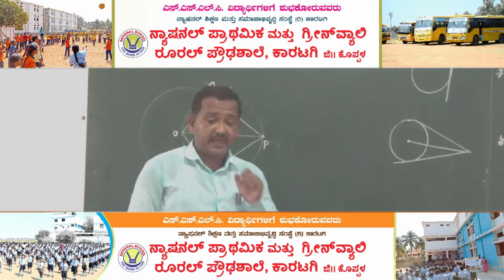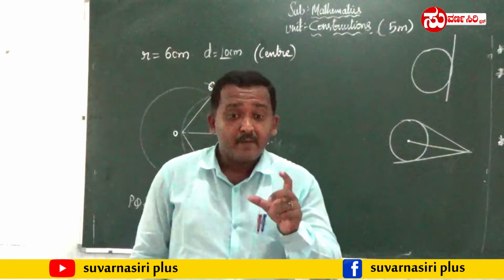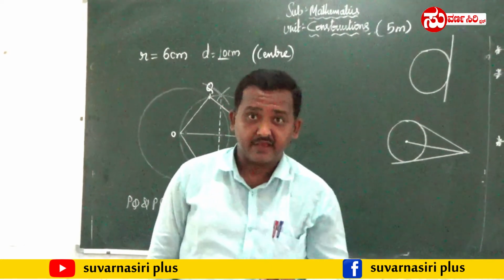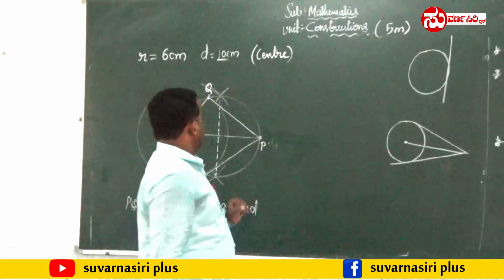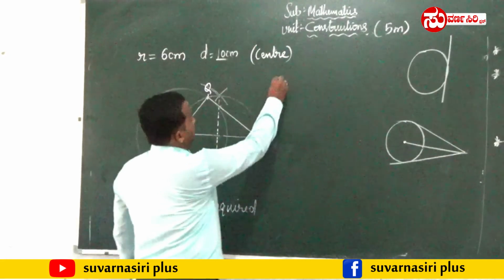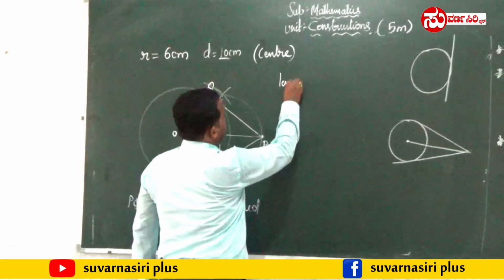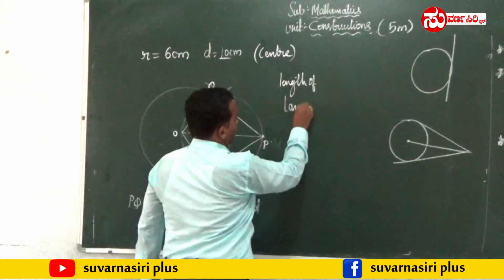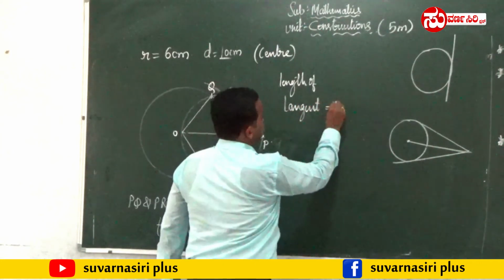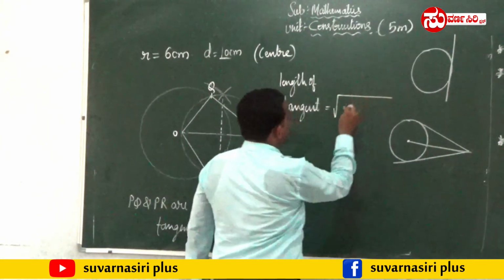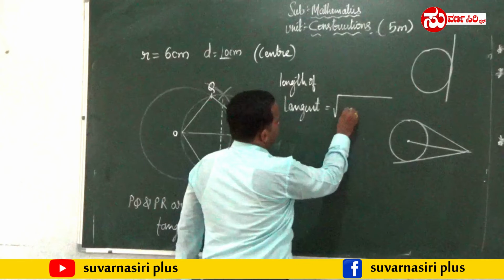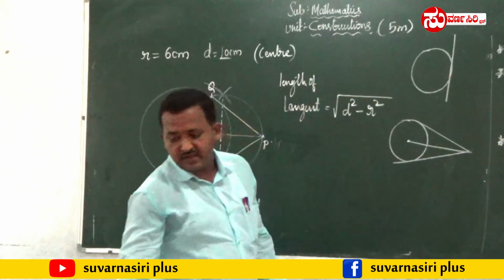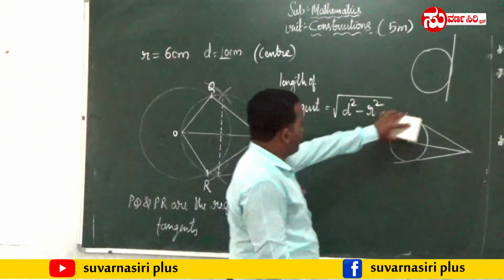Sometimes he will give something extra for that, that is, measure the tangent and verify. For that we have a formula: length of tangent is equal to square root of d square minus r square. How is this formula obtained?